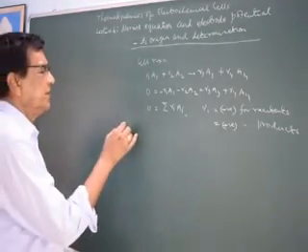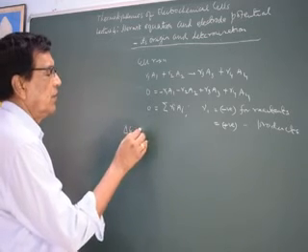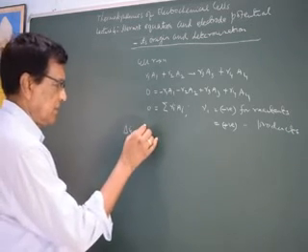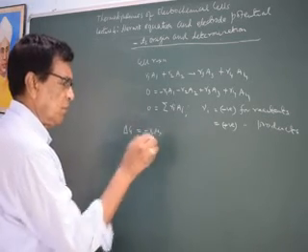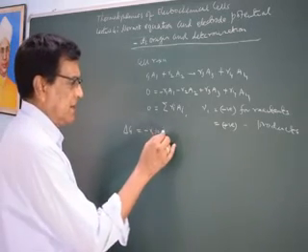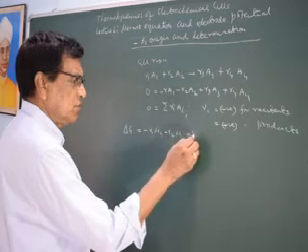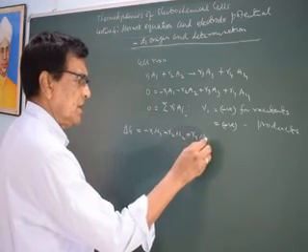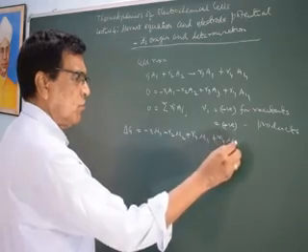And this free energy change for this reaction equals minus nu1 mu1 minus nu2 mu2 plus nu3 mu3 plus nu4 mu4.